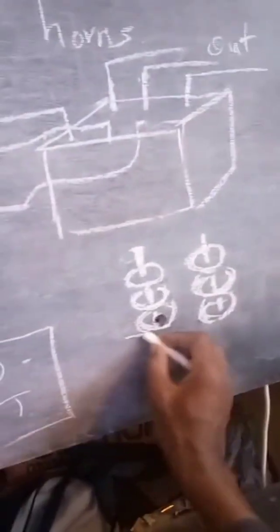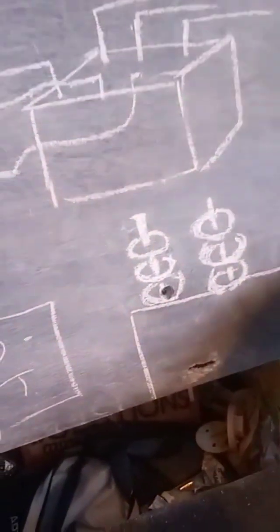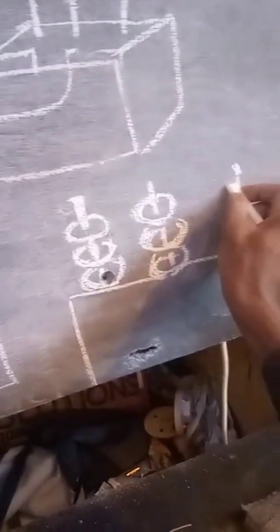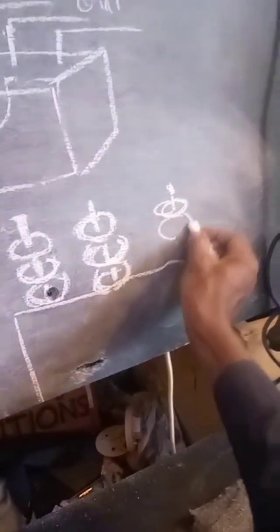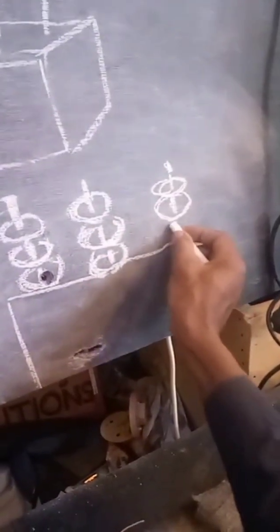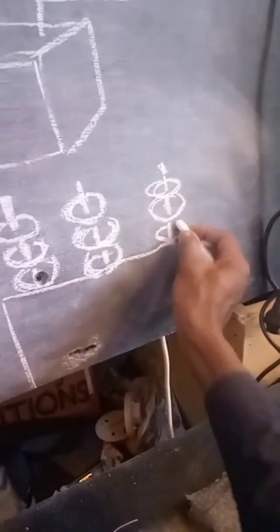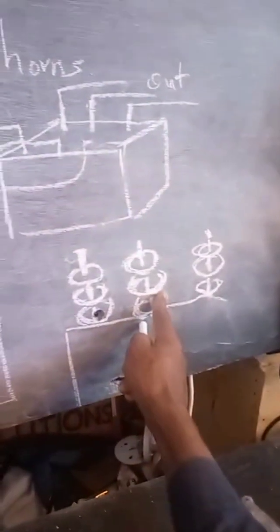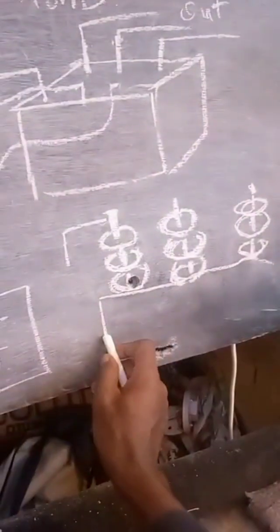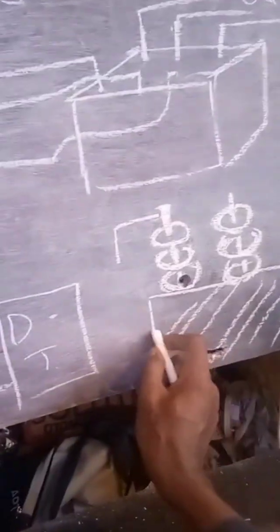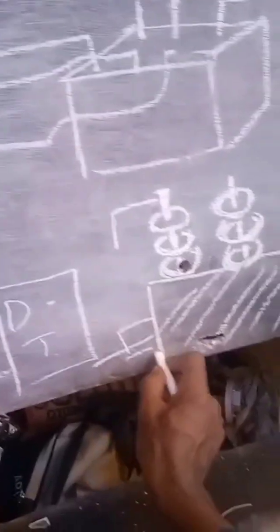Now, assuming this is the surface of my transformer, let me draw the third one for convenience. Like this. If these are my high voltage bushings, we actually put something. Remember, this is the surface of the transformer and it has earthing like this.